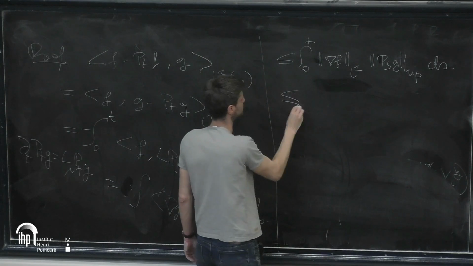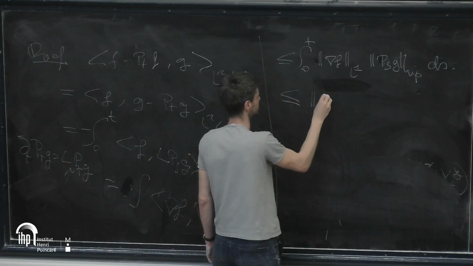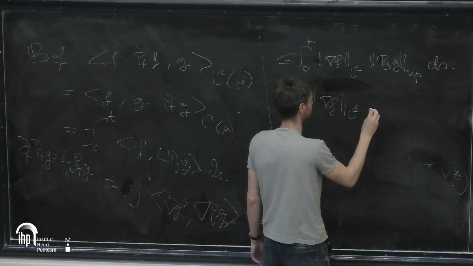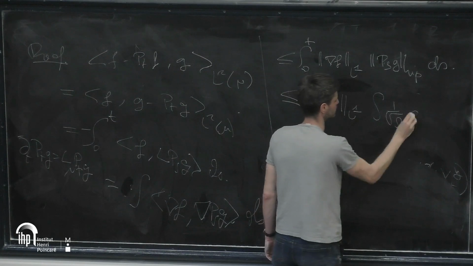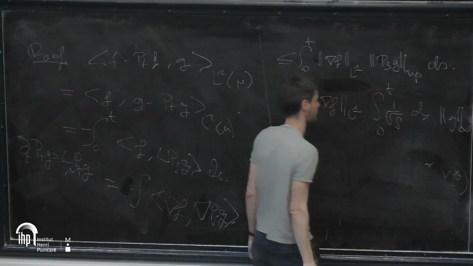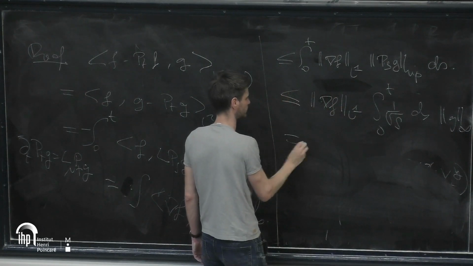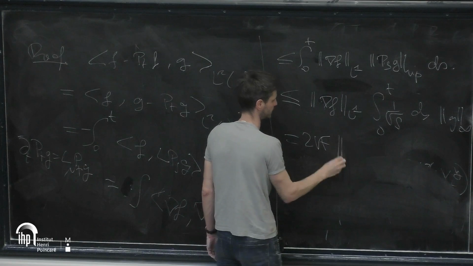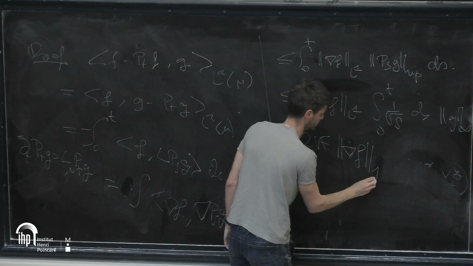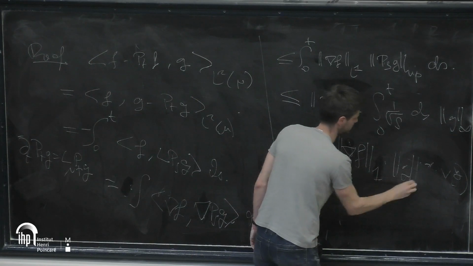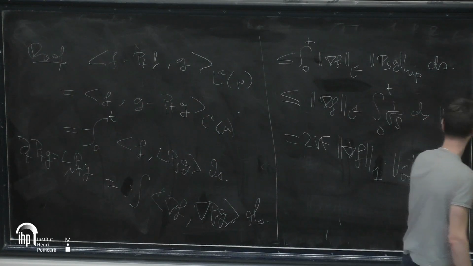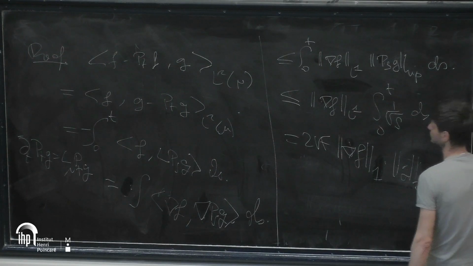But this is basically 1 over square root s. So I will get 2 square root 2. This is g. Hence the claim.